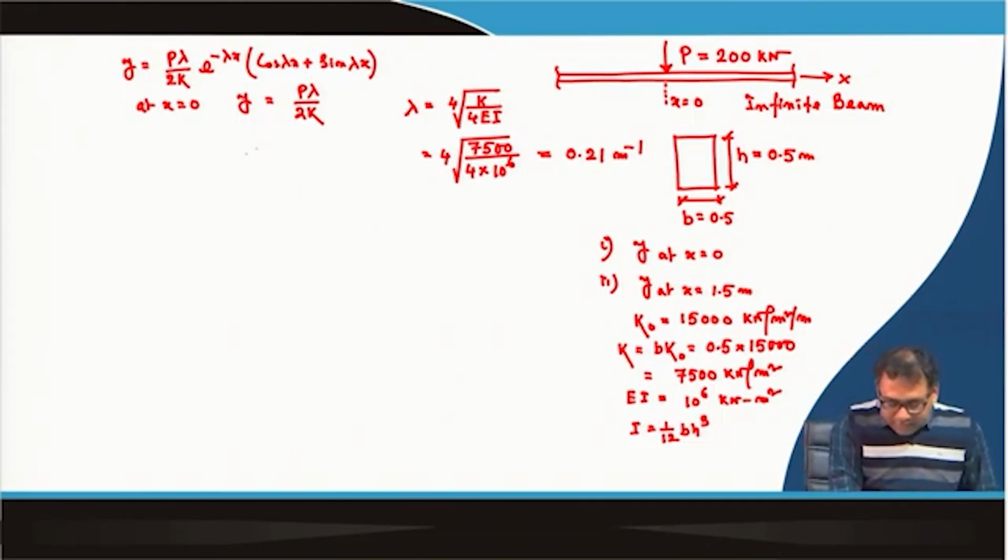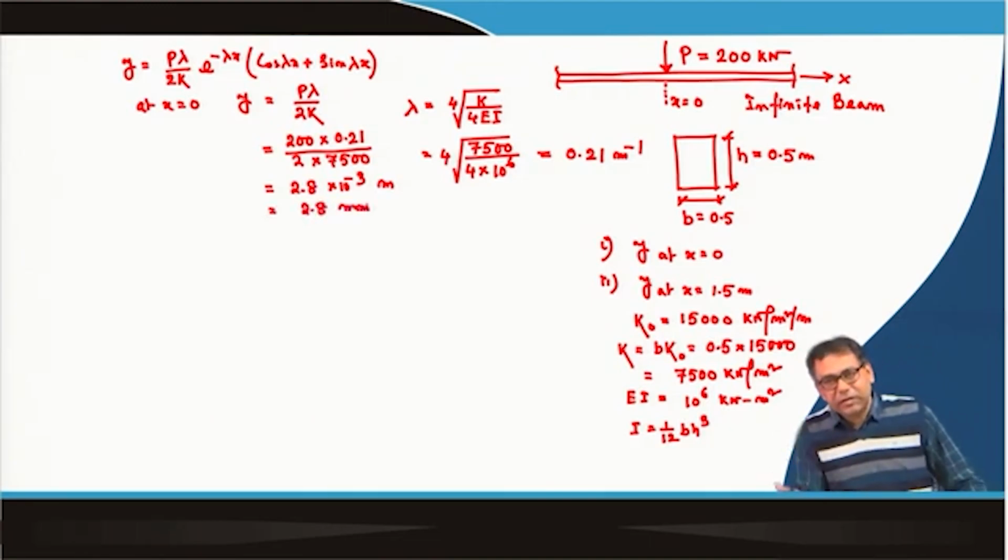So, I can write that y at x equal to 0 is P equal to 20, then lambda equal to 0.21 divided by 2 into 7500, which is 2.8 into 10 to the power minus 3 meter. So, that is 2.8 millimeter.